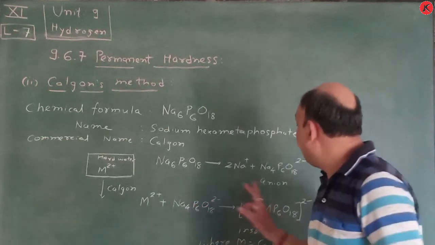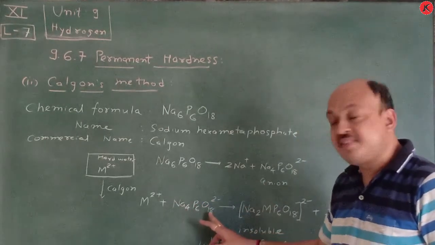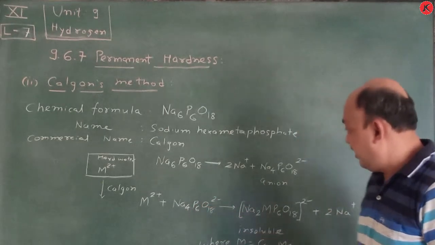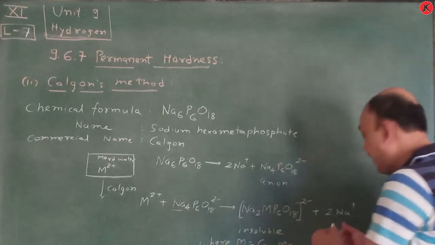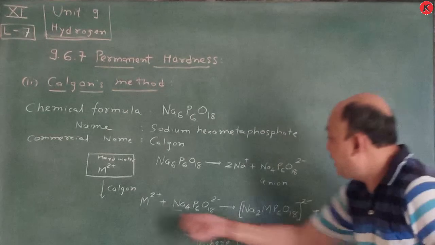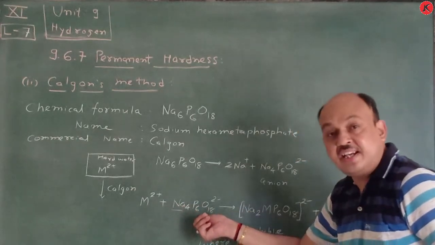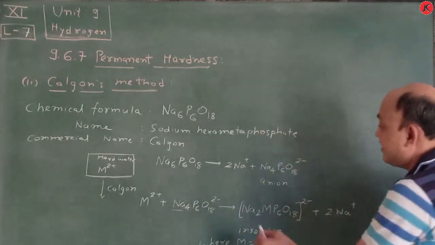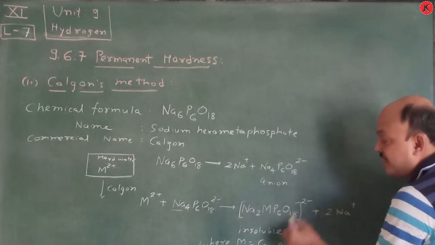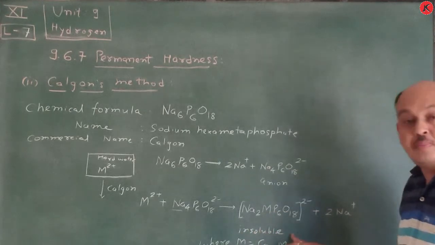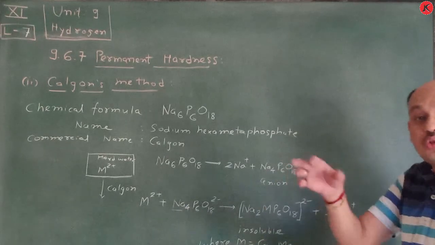So M plus 2 reacts with Na4P6O18 2 minus. Once again 2Na plus is released, and the metal enters the inner side of this complex, that is Na2MP6O18 2 minus, and this is nothing but an insoluble complex ion in solution.